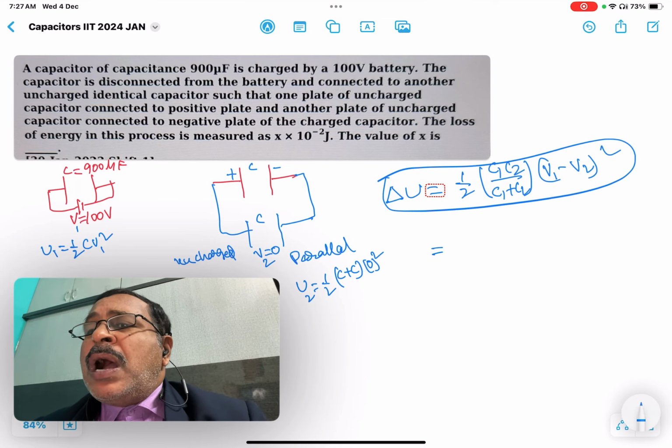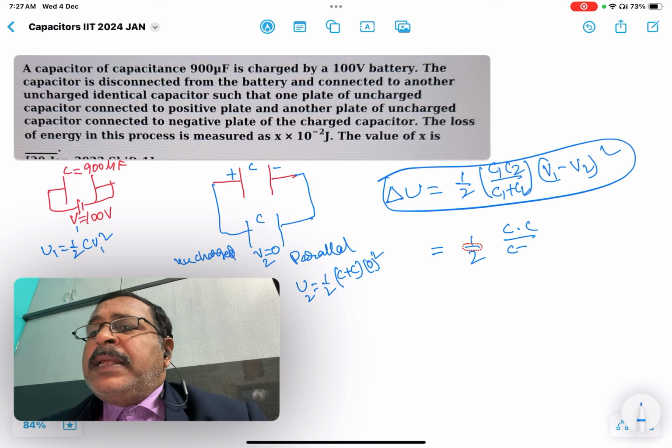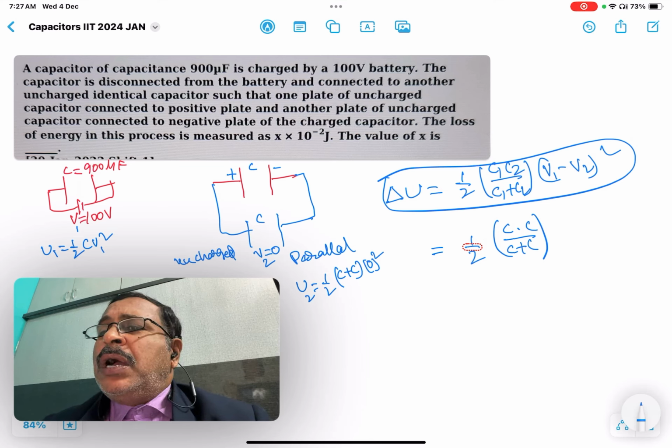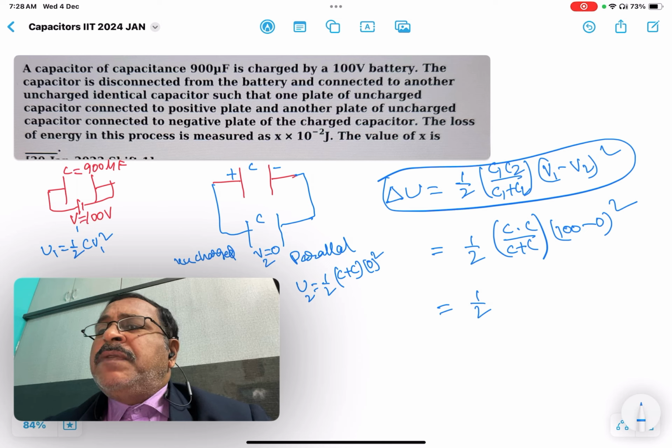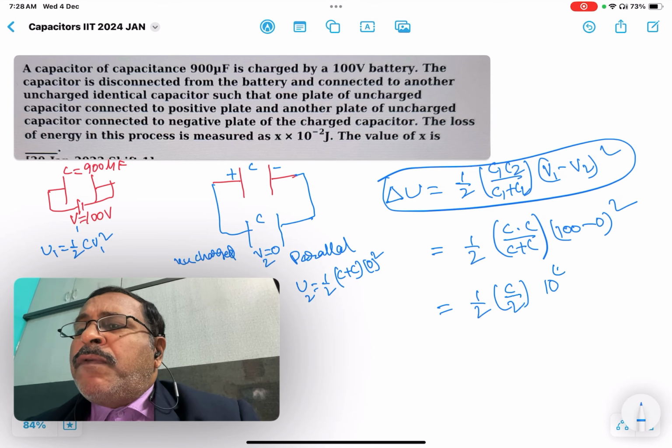It equals half into C into C by C plus C, into V1 is 100 minus 0 whole square. So half into C1 C2 by C1 plus C2, means C by 2, into 10 to the power of 4.